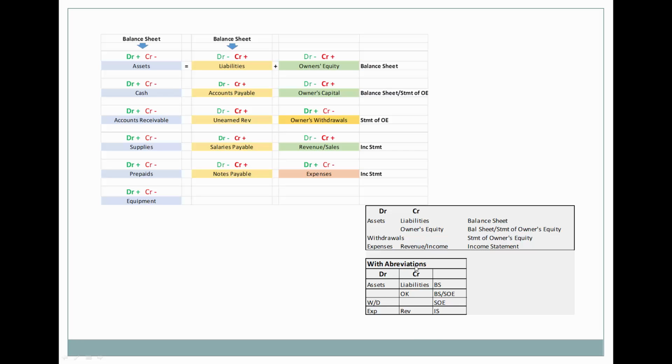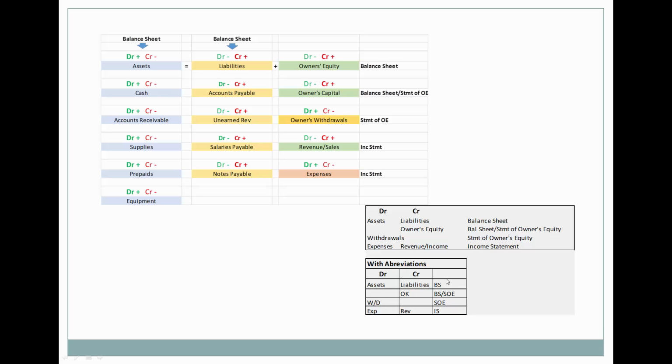And we can even abbreviate it further with DRCR and accounts: assets and liabilities belonging on the balance sheet, owner's capital belonging on the balance sheet and statement of owner's equity, withdrawals belonging on the statement of owner's equity, expenses and revenue belonging on the income statement.